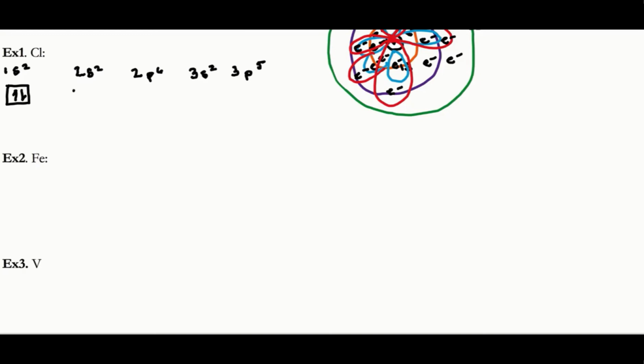Okay? For 2s, again, you only have 1 orbital, 1 large sphere. And you have 2 electrons in there, so it's going to be 1 up, 1 down. For 2p, remember there are 3 different orbitals, 3 different shapes along the x, the y, and the z axis. So I'm going to have 3 boxes to represent my 3 orbitals in the p sublevel. Okay? There's one more rule I have to explain, and that is this.